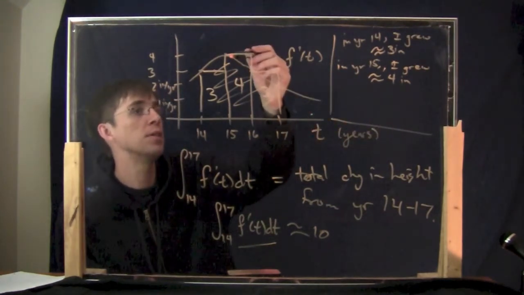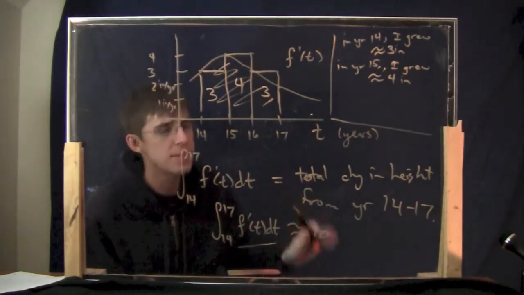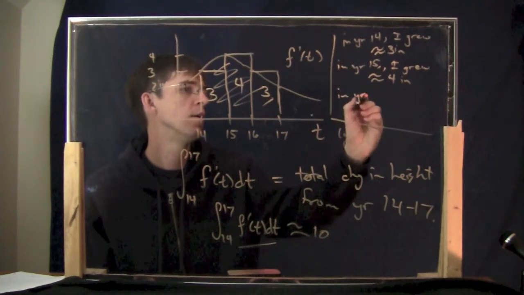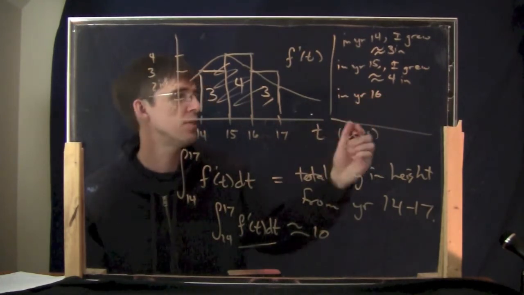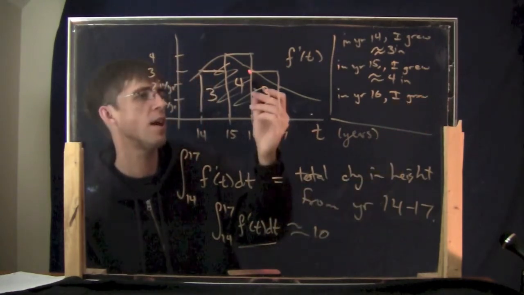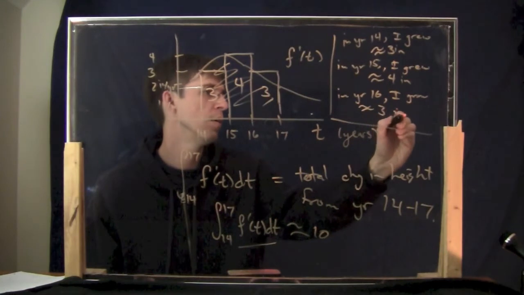Now the true value is actually slightly less because my growth rate was slowing down throughout that year. But as an approximation, about 4 inches. And then in year 16, that is, 16 to 17, how many inches did I grow? Again, at the beginning of that year, I was growing at a rate of 3 inches per year, so I grew approximately 3 inches.